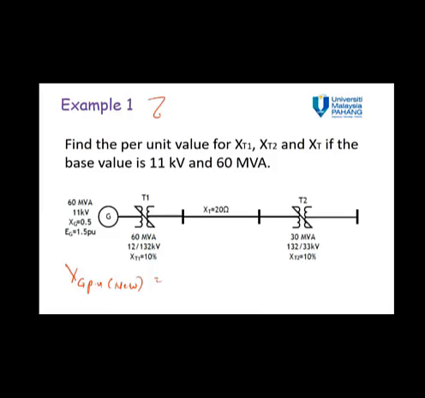We know that Z per unit new is equal to Z per unit old times S base new over S base old times V base old over V base new squared.